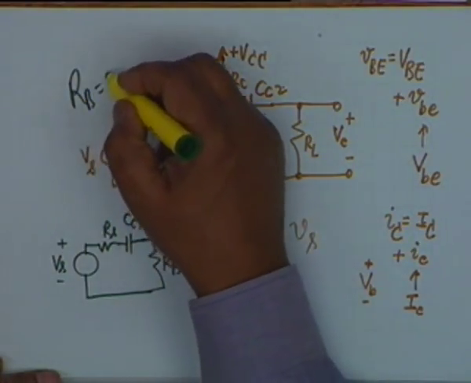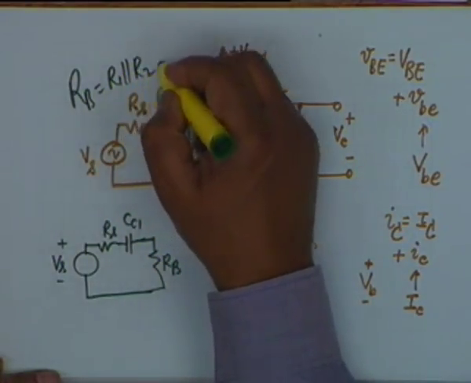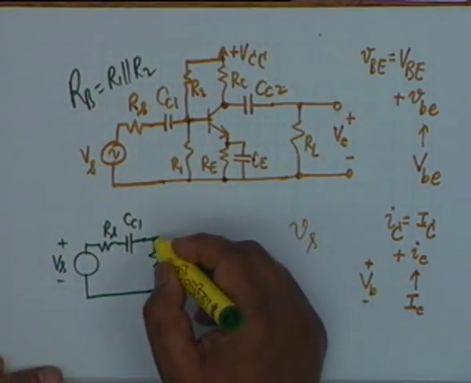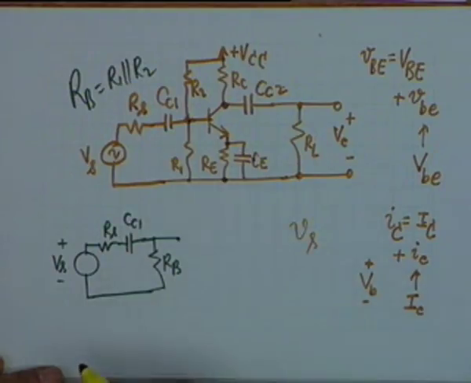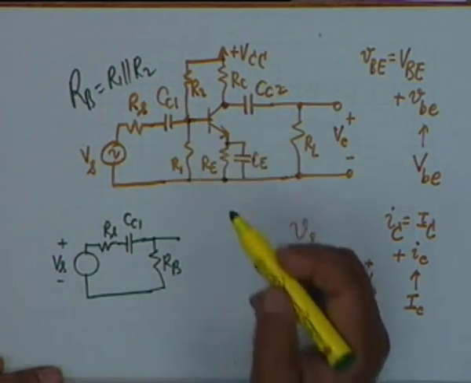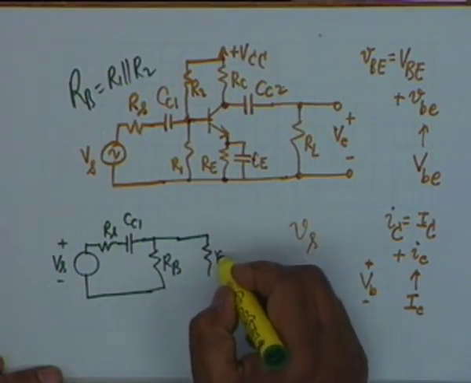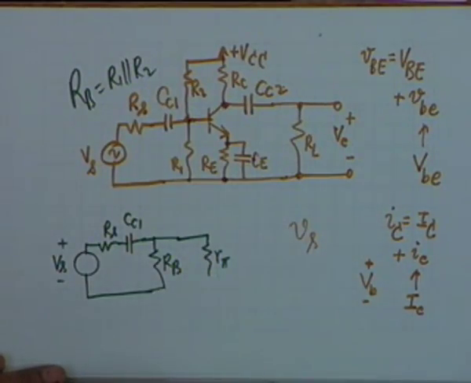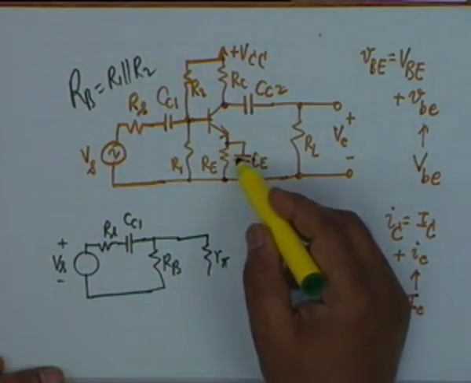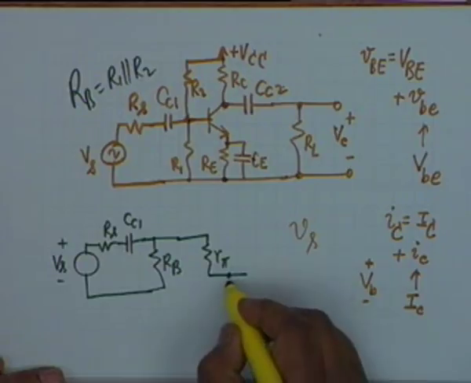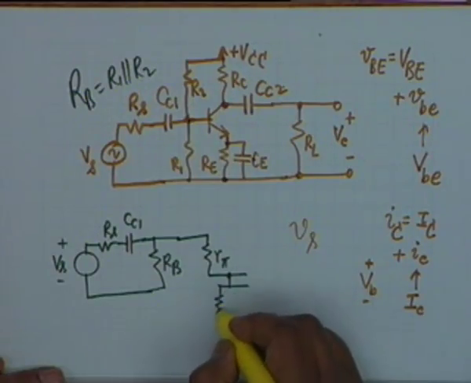RB is the parallel combination of R1 and R2. Then comes the base, from the base to the emitter, it is R pi. Then RE and CE, there is a parallel combination. We will see the effect of this.